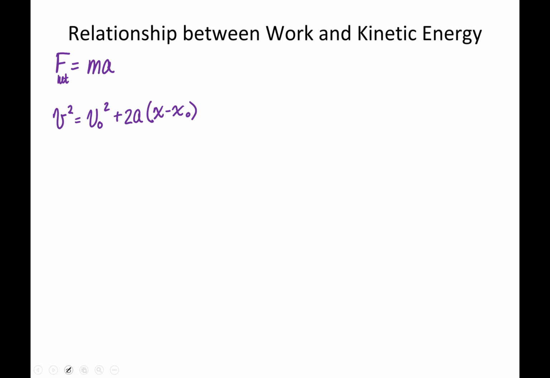All right. When we're talking about work, we've been replacing x final minus x initial with what letter? d, the displacement. Okay, so I'm putting that in there. So if I do a little rearranging to find the acceleration, I can say that v final squared minus v initial squared, that whole thing over 2d, is equal to the acceleration.